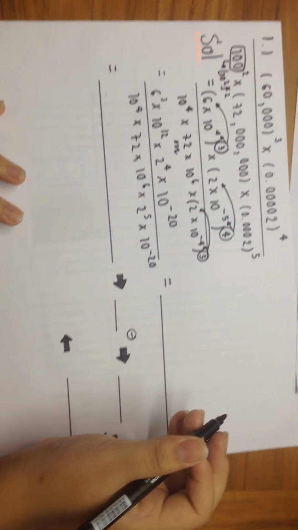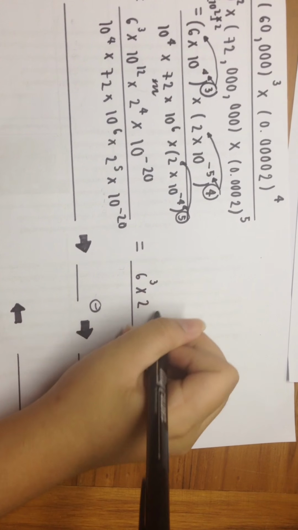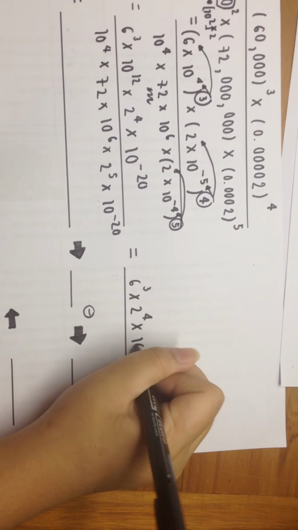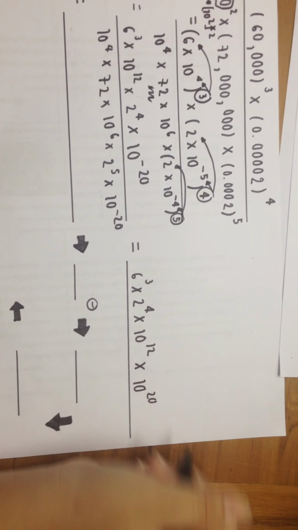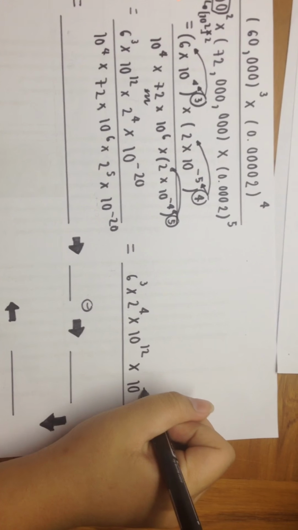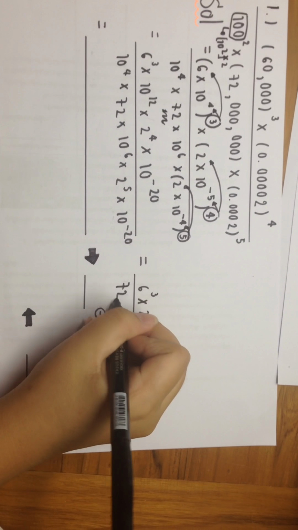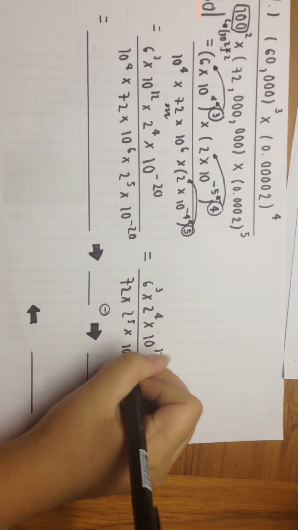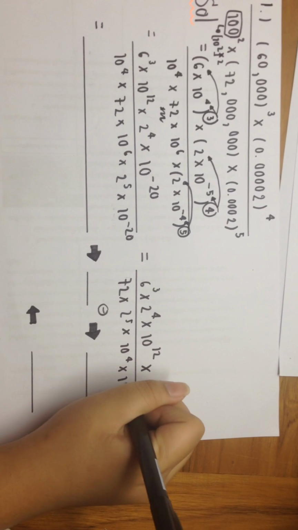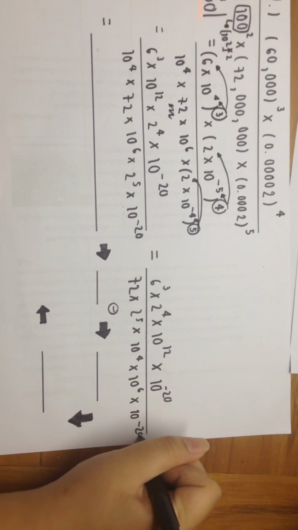So it's equal to 6 to the power of 3 times 2 to the power of 4 times 10 to the power of 12 times 10 to the power of minus 20, divided by 72 times 2 to the power of 5 times 10 to the power of 4 times 10 to the power of 6 and times 10 to the power of minus 20.